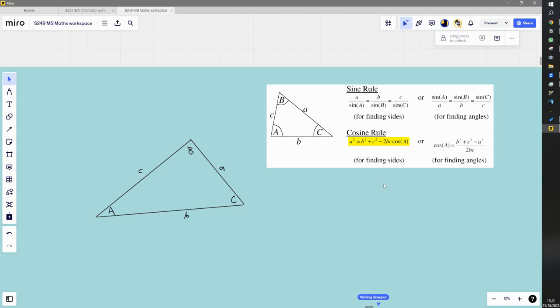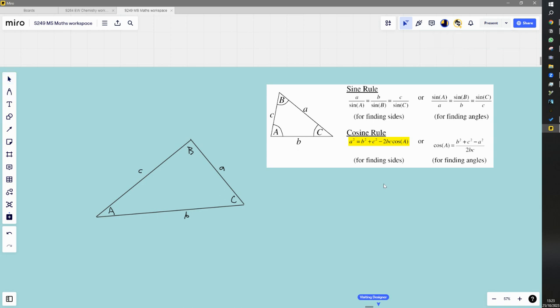At first, these two equal signs throw people a little bit, but all it's really saying is that if I take any side and divide it by the sine of the opposite angle, that's going to be equal to any other side divided by the sine of that angle.